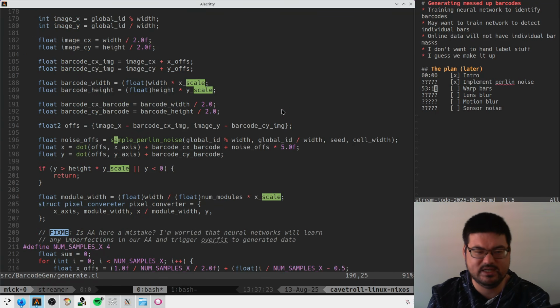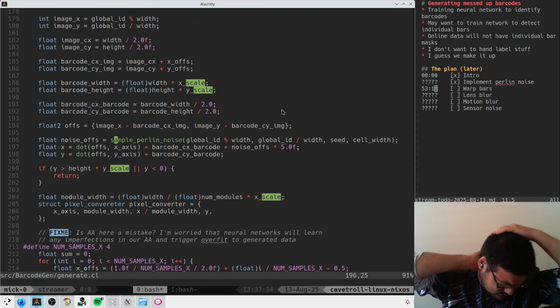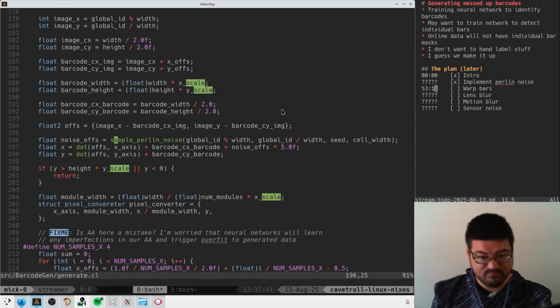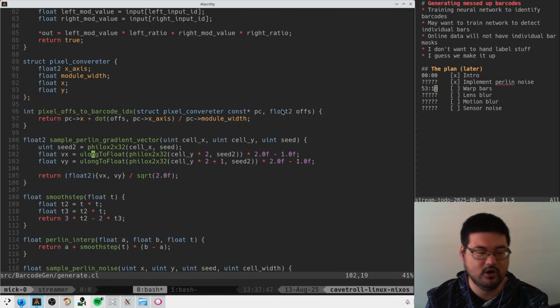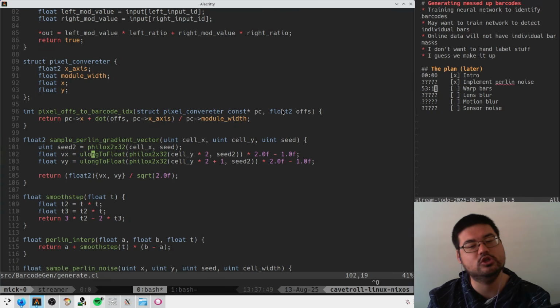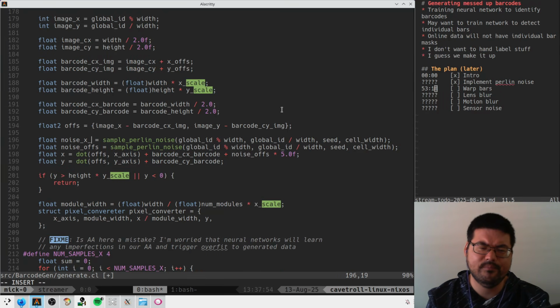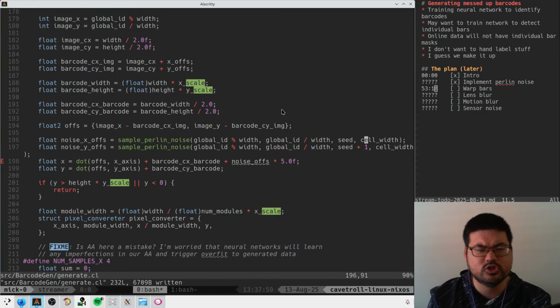I guess just a different seed is reasonable. If we just sample the grid with seed and seed plus 1, then maybe that's fine. It is a little annoying because we're using seed plus 1 in here. No, we're not. We're generating seed 2 out of seed. So seed and seed plus 1 is not crazy. Not too crazy.